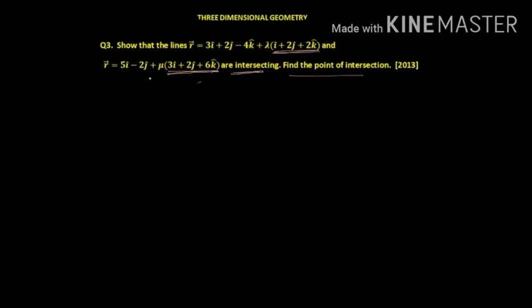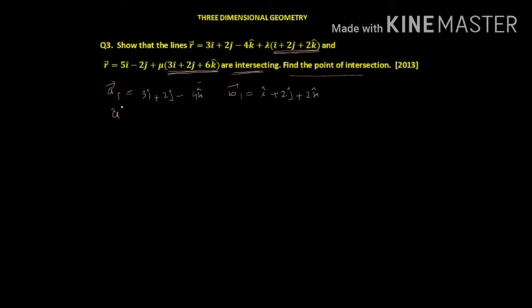Like this line, if you compare with the standard form, you can write vector a1 will be equal to 3i cap plus 2j cap minus 4k cap, and then b1 vector is i cap plus 2j cap plus 2k cap.